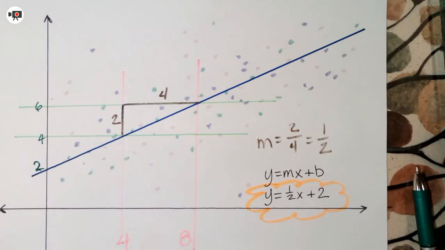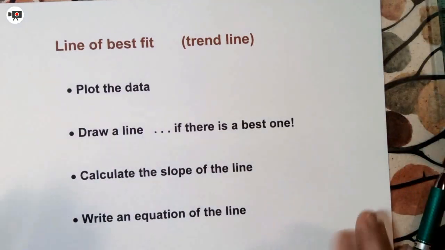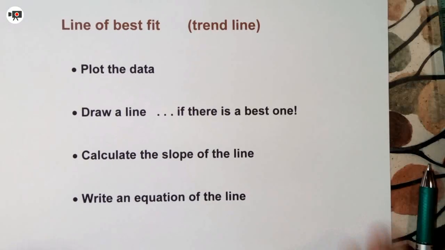Okay, let's look at what I just did and make note of it so that we're remembering. Here we have what we're going to do to make sense of the data. Again, we're trying to graph it and make sense of it so we can make predictions and understand what's going on.